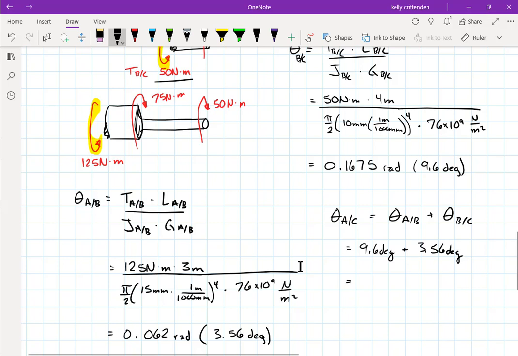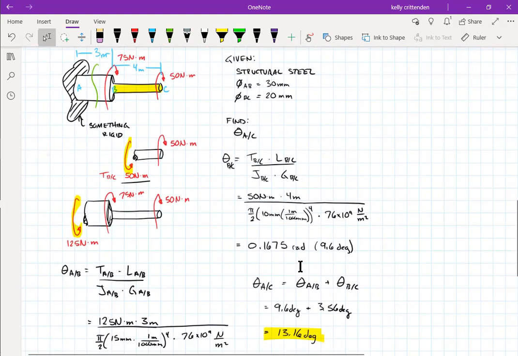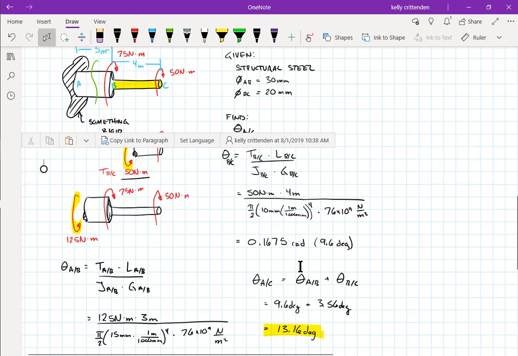And I just add them together. So 9.6 plus 3.56. Wow, I multiplied them. 9.6 plus 3.56, 13.16. And so that would be the total angle of twist from the wall at A all the way out to C.